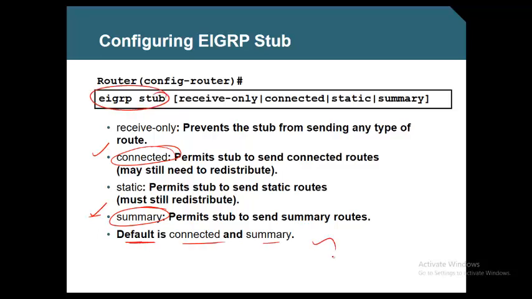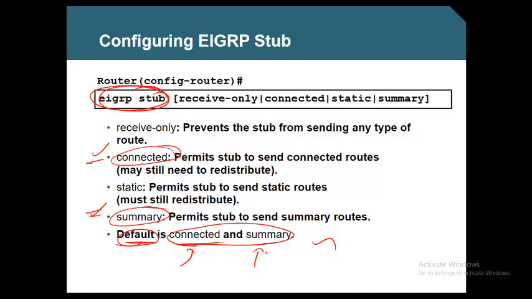How many types have we finished? This is one. This is two. The third is the combination of these two, connected and summary. When you configure EIGRP as simply stub, it will take responsibility for connected as well as summary. Please understand.